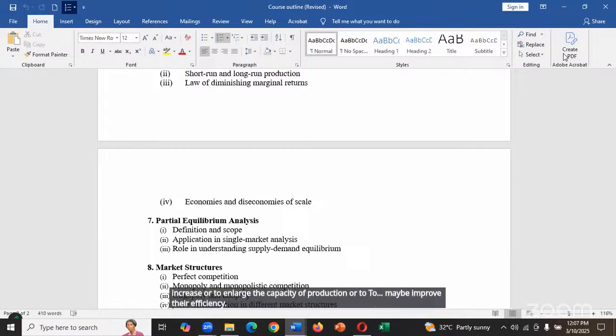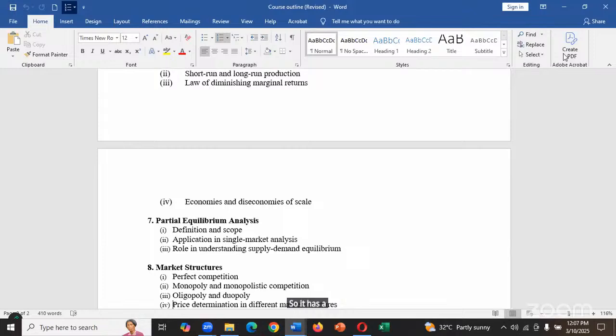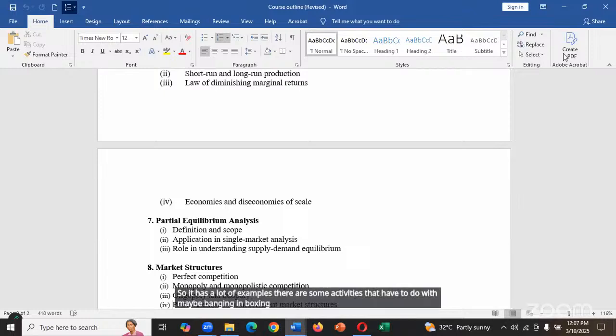It has a lot of examples. There are some activities such as buying in bulk, improving the skills of workers, and every other activity that firms do in order to increase or enlarge their production capacity.